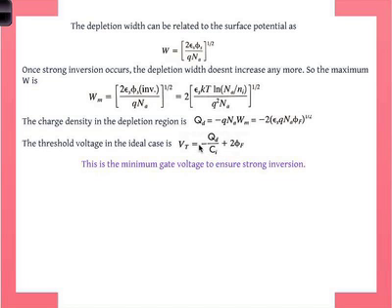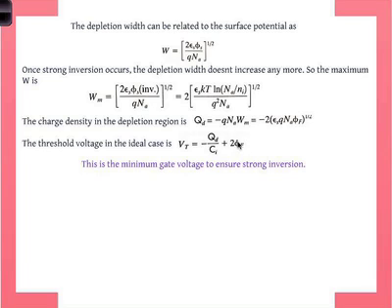Okay, and it's a negative sign because the charges are positive. And this is a p-type material. You have to apply a positive voltage on the gate. The Q_D in this case is negative, so this whole term becomes positive.